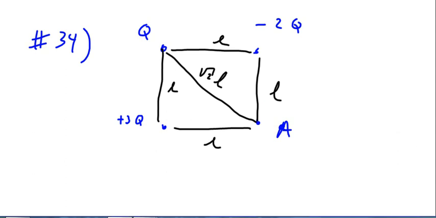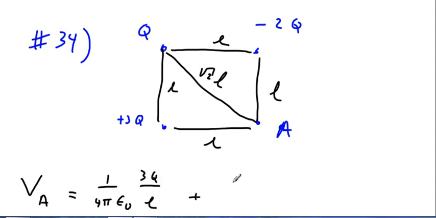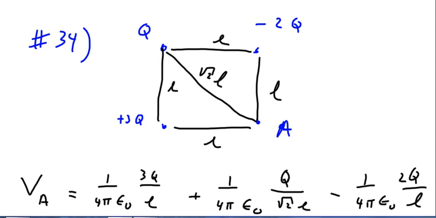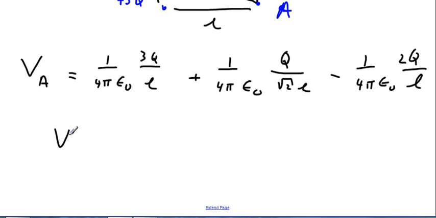So that being the case, the potential at A is going to be 1 over 4 pi epsilon naught, the 3Q over L term, plus 1 over 4 pi epsilon naught, the Q over the distance square root of 2 L term, minus 1 over 4 pi epsilon naught, 2Q over L. Well, that looks okay.